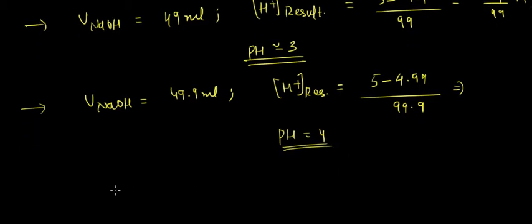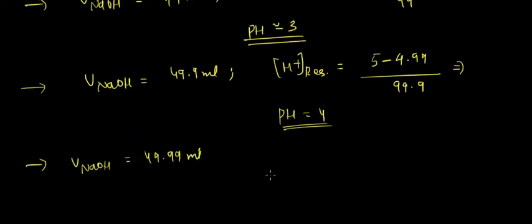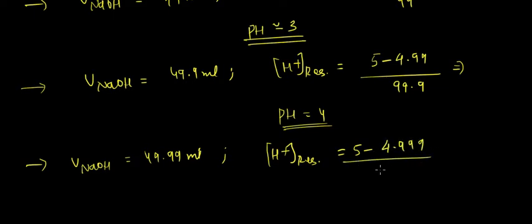Okay, if we have used volume of NaOH as, let's say, 49.99, then H plus resultant would be 5 minus 4.999, and volume of the solution would be 99.99.